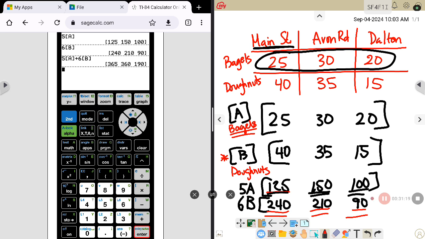So Main Street's total profit from selling bagels and donuts is 365, Avon Road's is 360, and Dalton is 190.